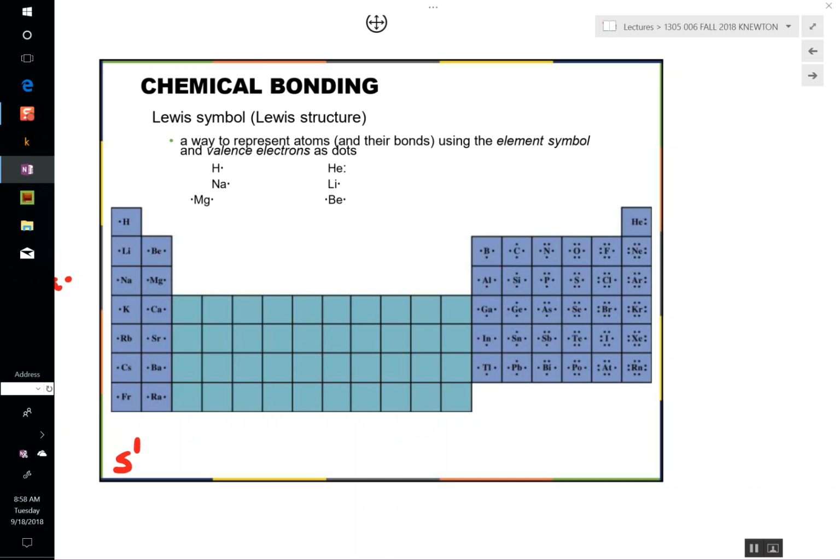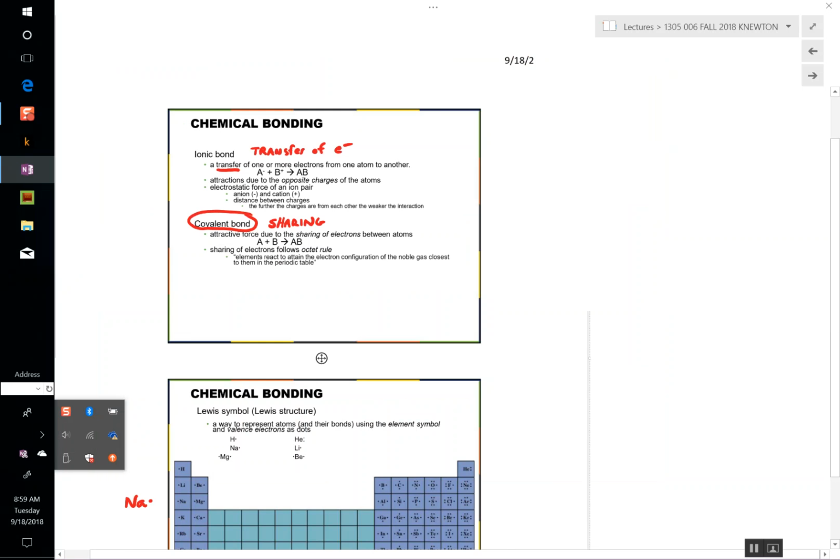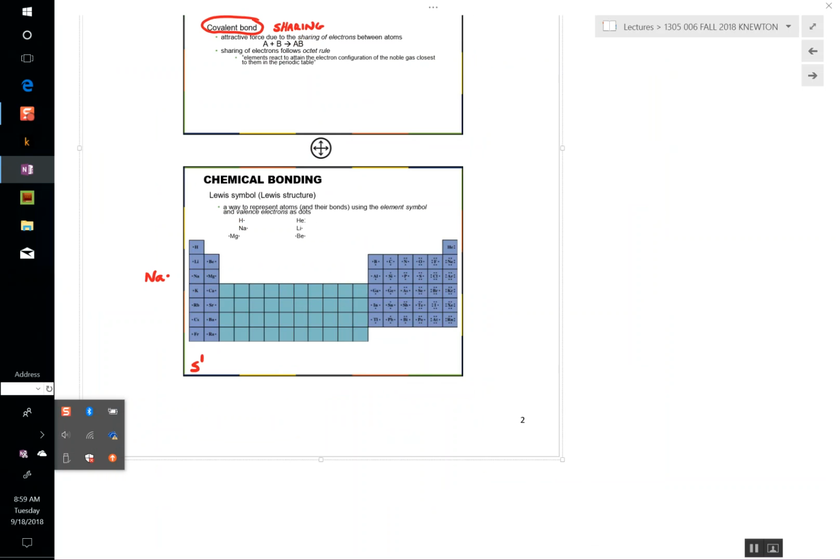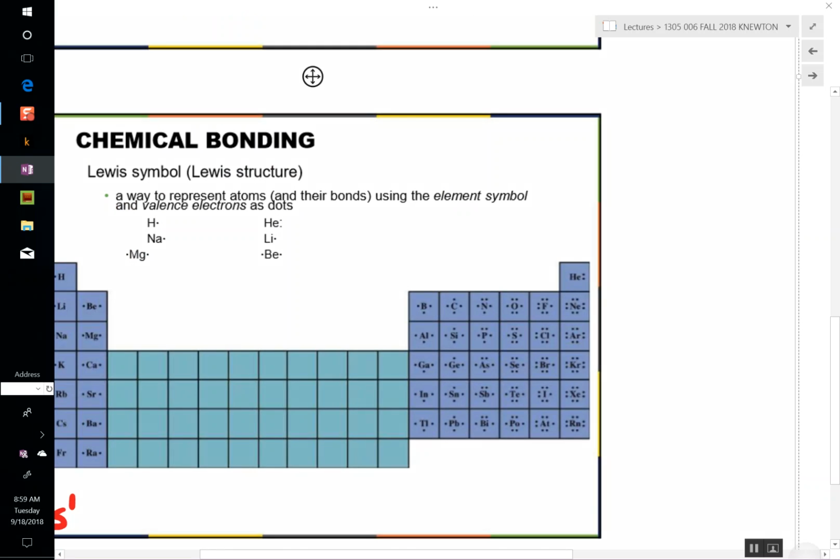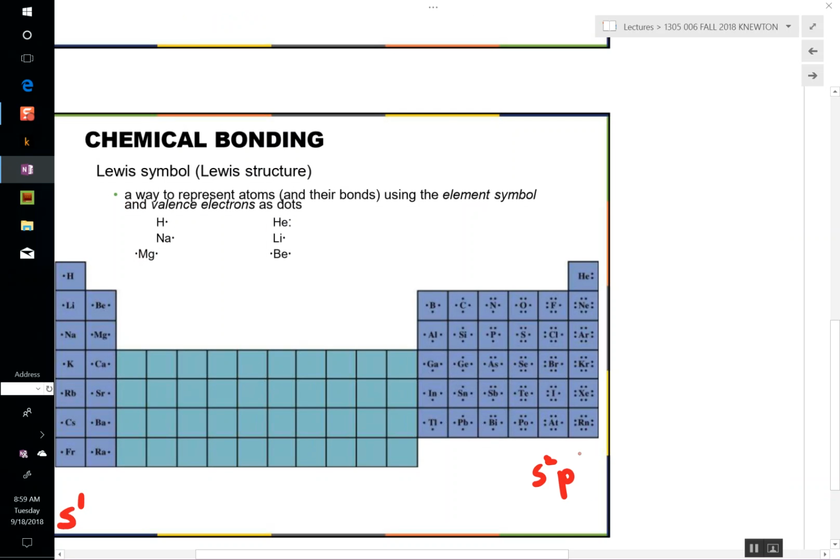These are s2p5 configurations, so they have 7 valence electrons right here, so they have 7 dots.